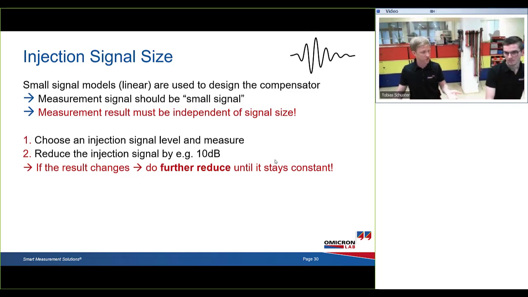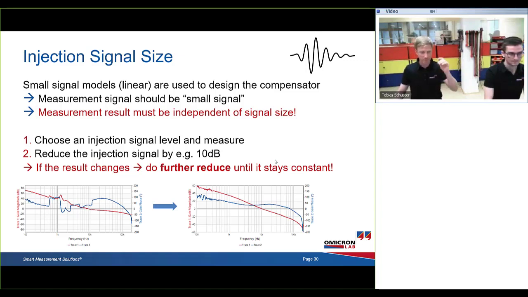And if it doesn't change, then it's low enough. If it still changes, you need to further reduce it until it doesn't change anymore. And to check if you're in a linear region, you can try to increase it again a little bit. If the result stays the same, then you're safe. You're in a small signal region and you're not measuring large signal effects that come from slew rate limitations or something like that.